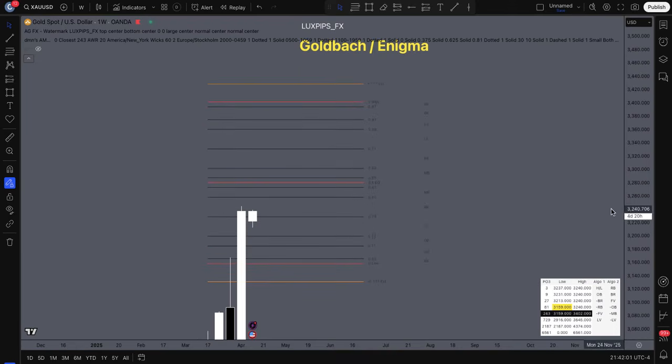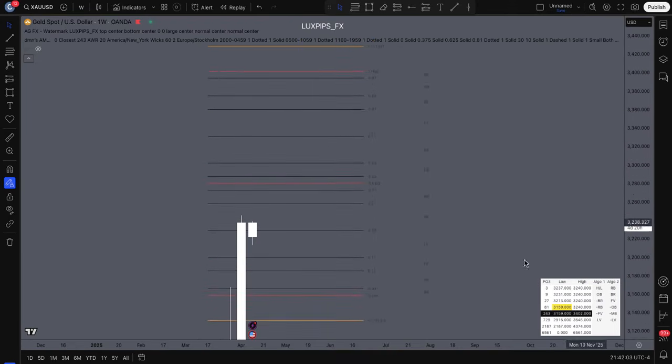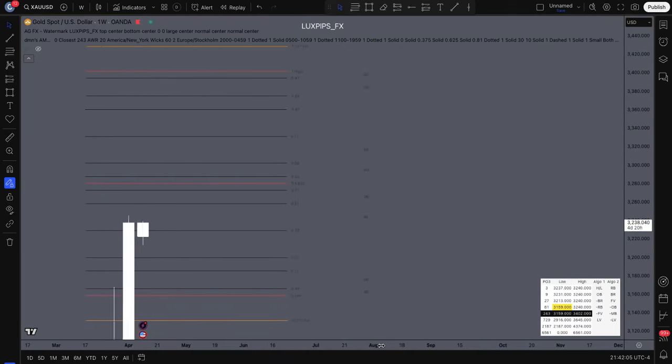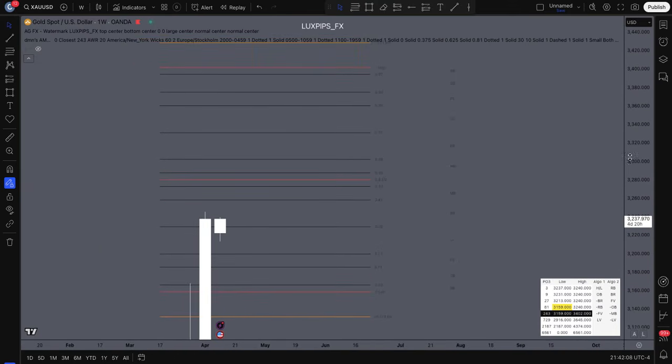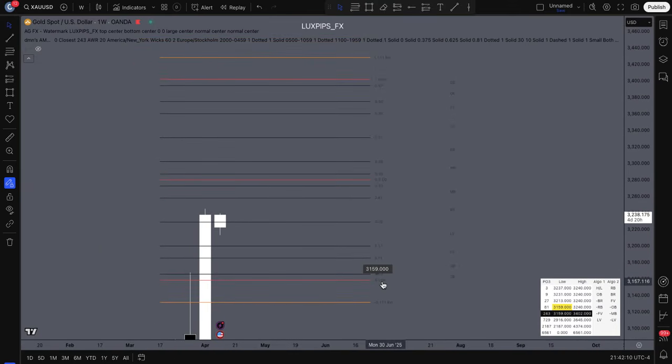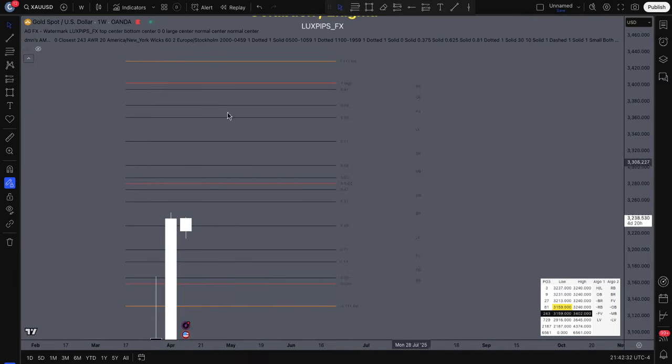So in a Goldbach dealing range, this is where you're going to see a low, an EQ, and a high. Above the high and below the low, it's going to be an extension. This extension is very important. You'll see why. And between the low to the EQ are going to be partition numbers. So write this down real quick.